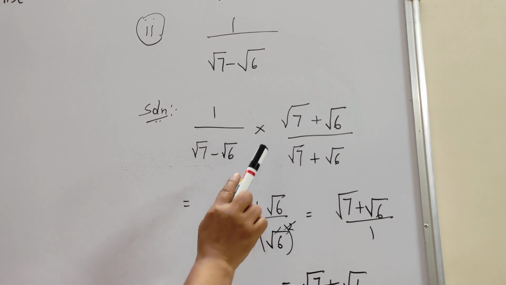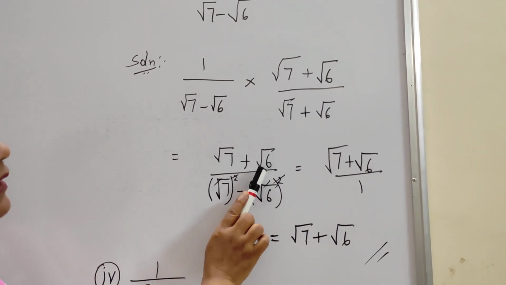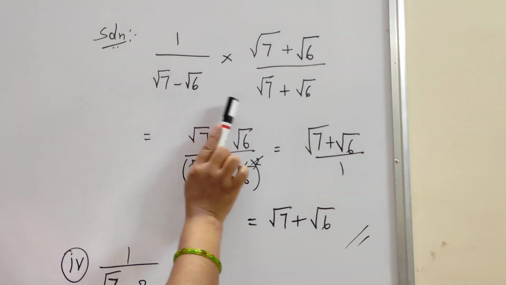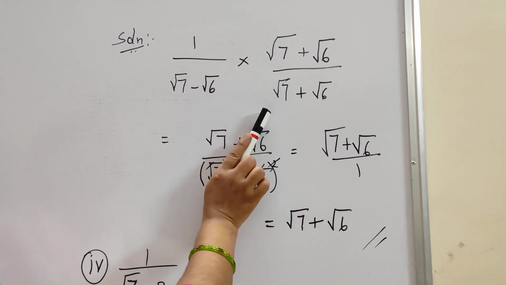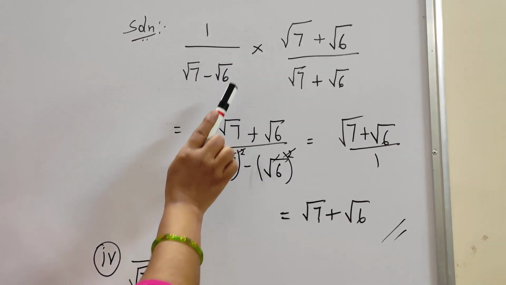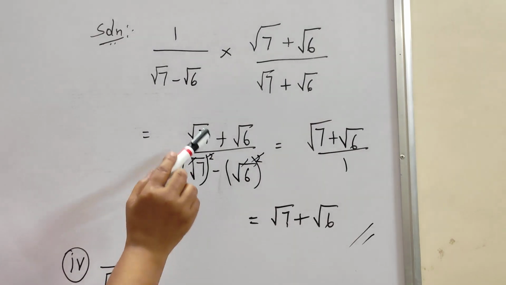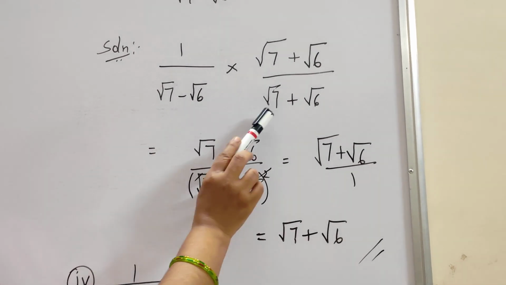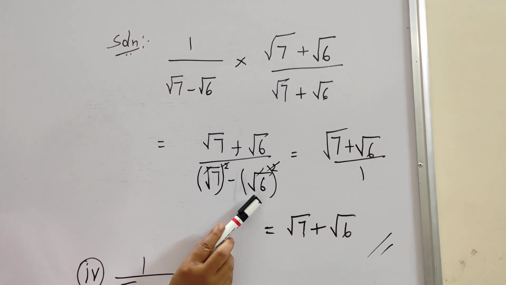Okay. Now 1 into root 7 plus root 6 is root 7 plus root 6 only. And here you have to apply the identity. Root a plus root b into root a minus root b is root a square minus root b square.